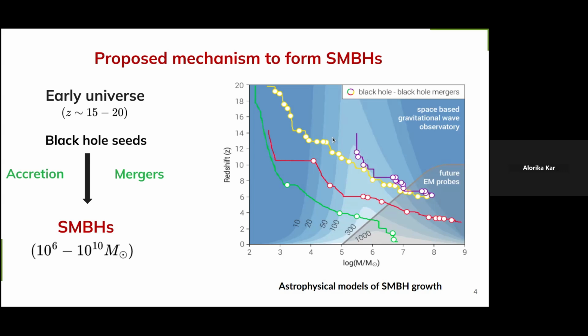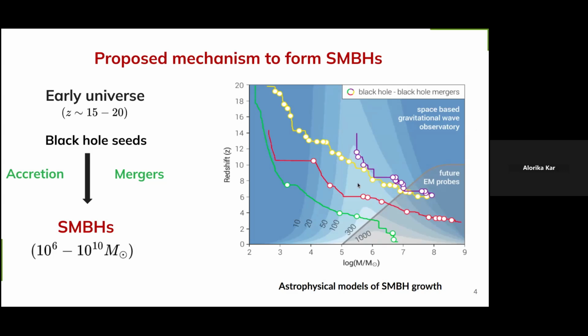And one more thing is that this blue line starts at a higher mass, so you can have a higher mass seed to start with and then eventually go to the SMBH mass range. And in the background, you can see this waterfall-like plot, which is the LISA horizon.